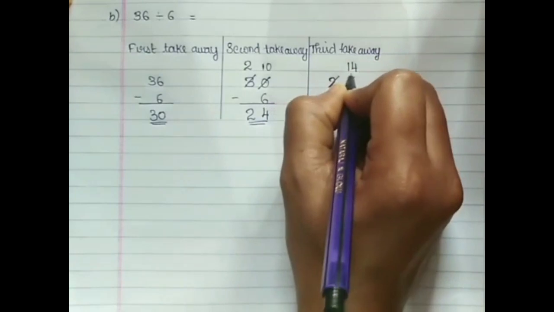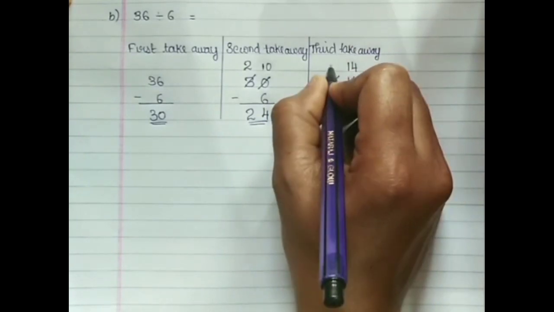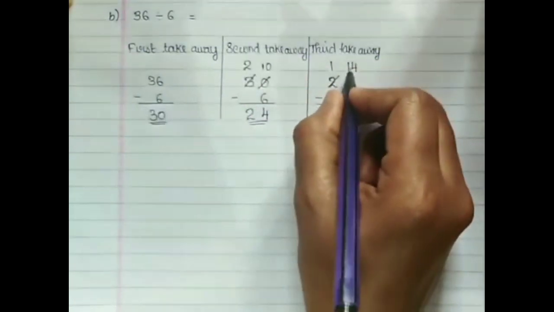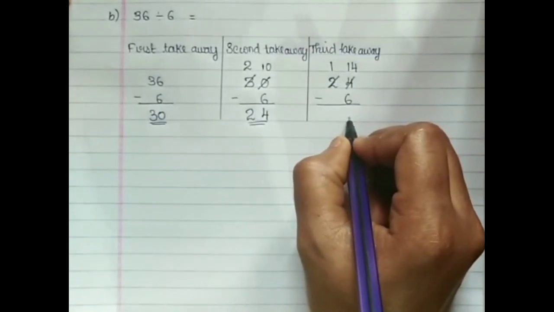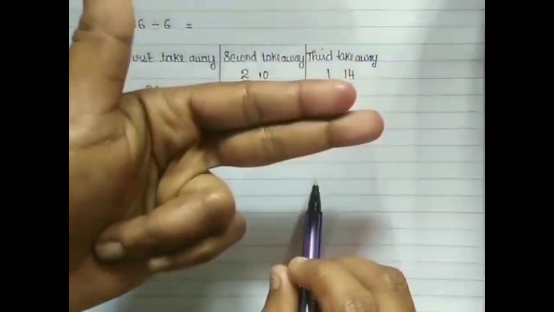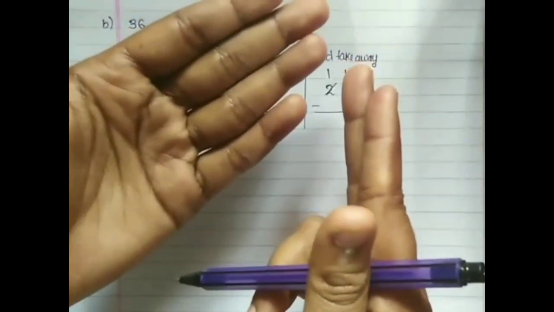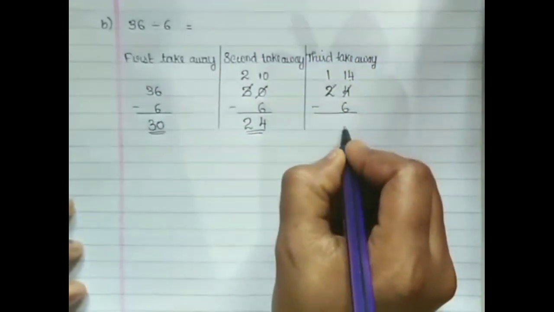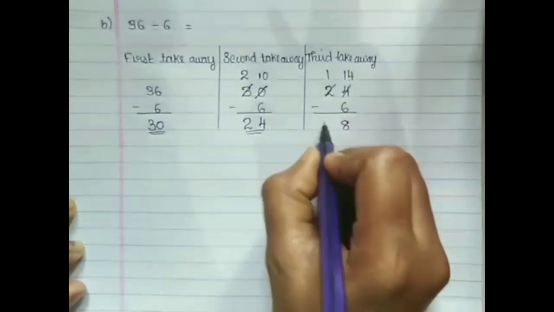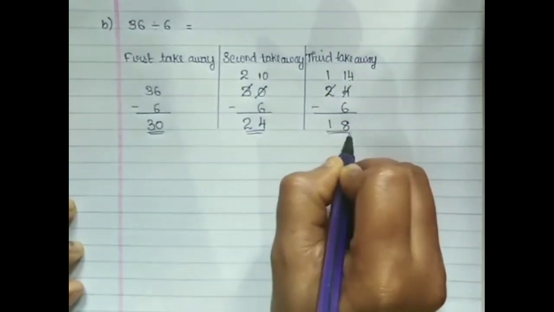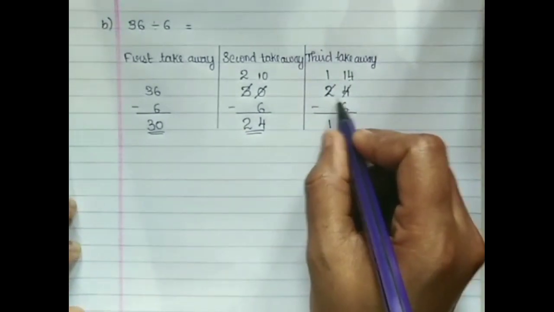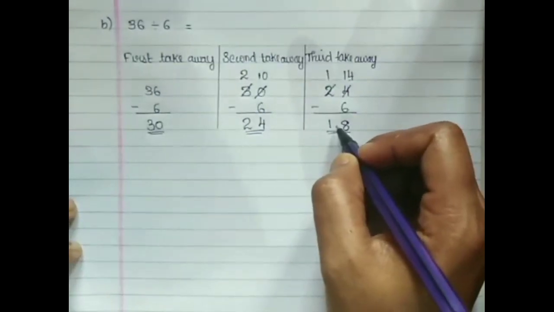Then since 1 is borrowed from the number 2, the number becomes 1. 14 minus 6, the answer is 7, 8, 9, 10, 11, 12, 13, 14. Yes, 8. Write 8. Then 1. So if we take away 6 from the number 24, the answer is 18.